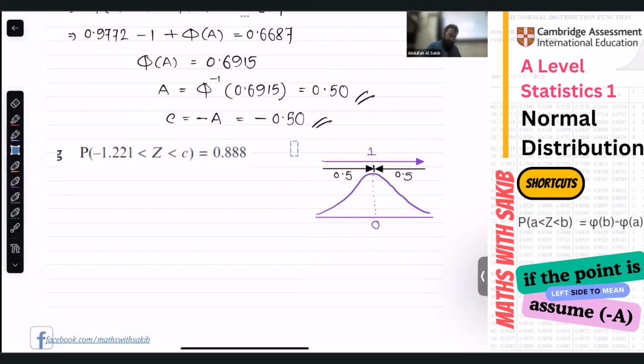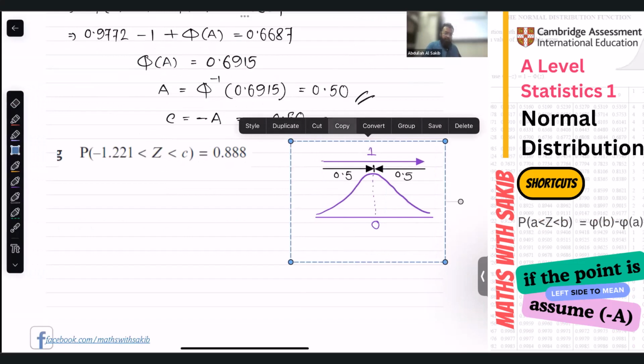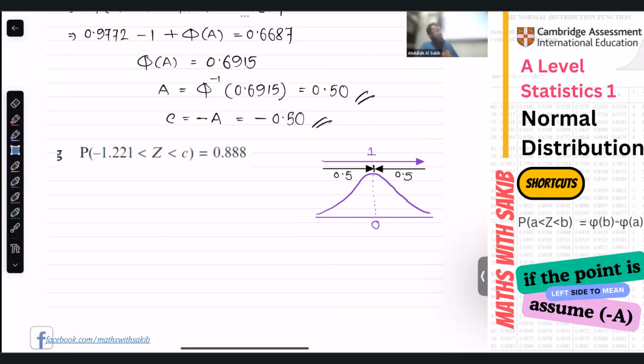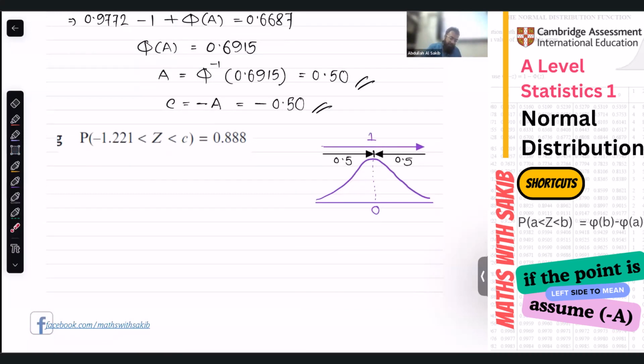So one confusion that many of the students are considering minus a. We don't need to consider minus a because we started from negative. So minus 1.221. So this is already on the left side and it is already minus. So I don't need to consider any minus here.